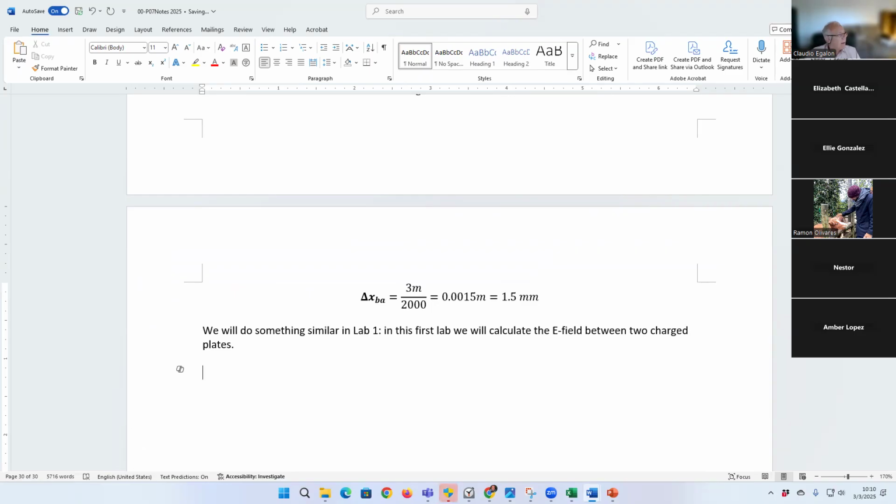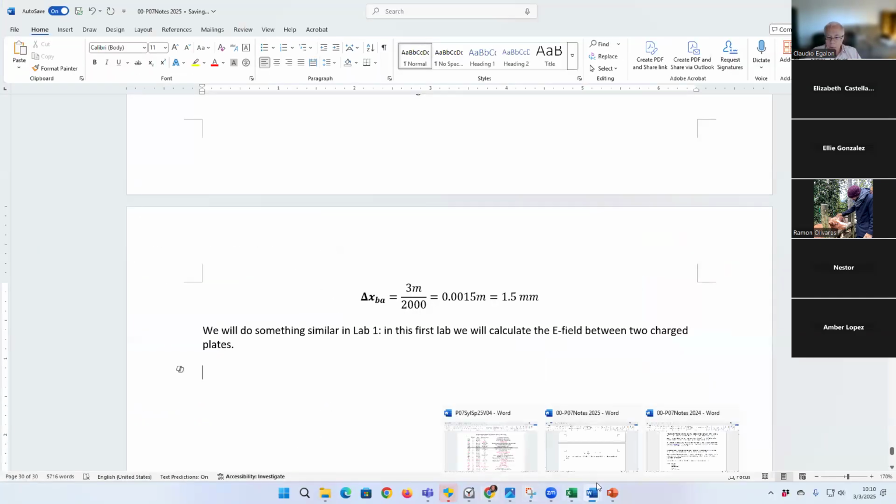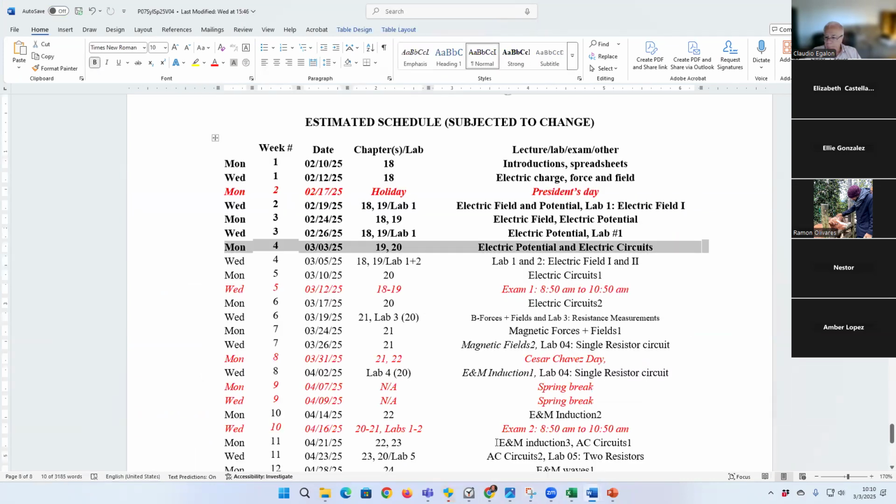That's a nice example. And now I want to start talking about, let's go back to our syllabus here. Let's see. We're going to start talking about electric circuits.